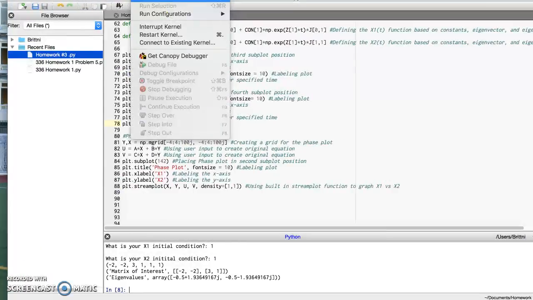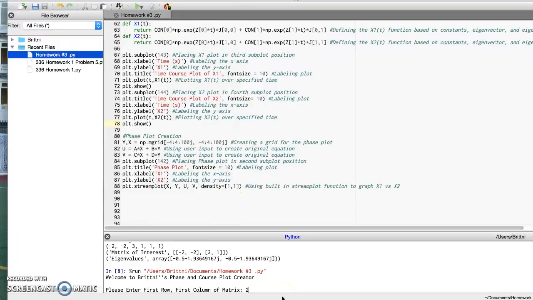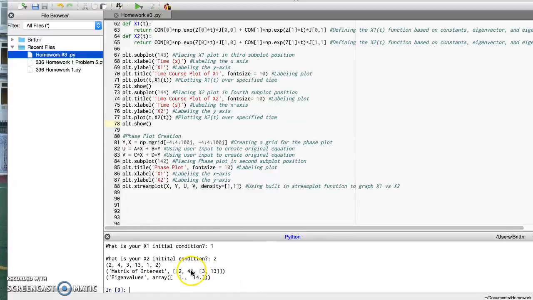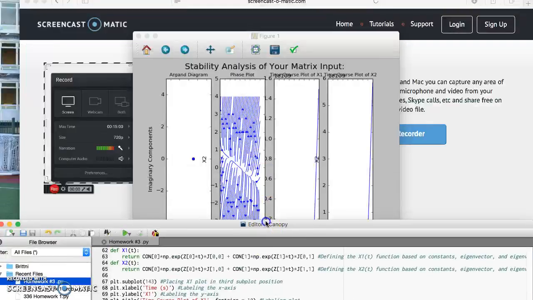So let's say this time we will do 2, 4, 3, 13, 1, and 2. This time we see that we have 2 positive eigenvalues. Based on this, we would expect to have an unstable system.